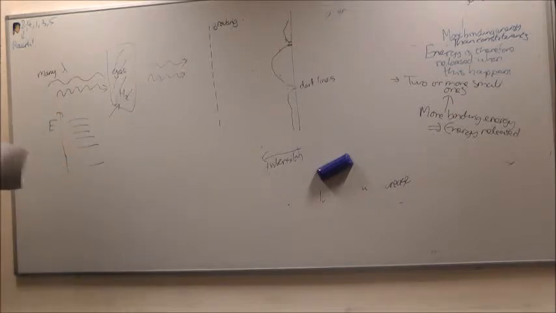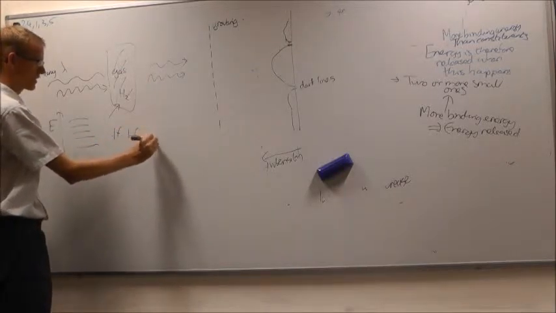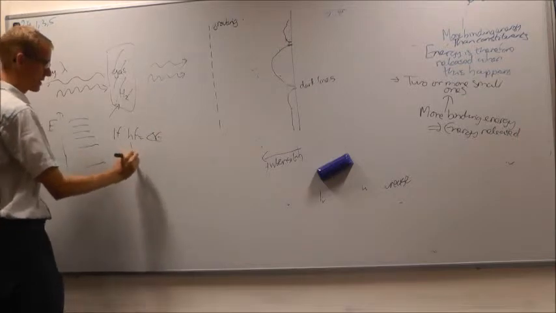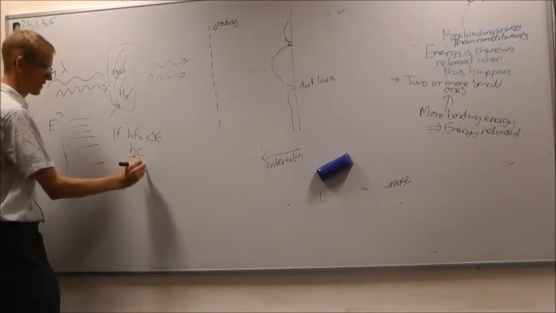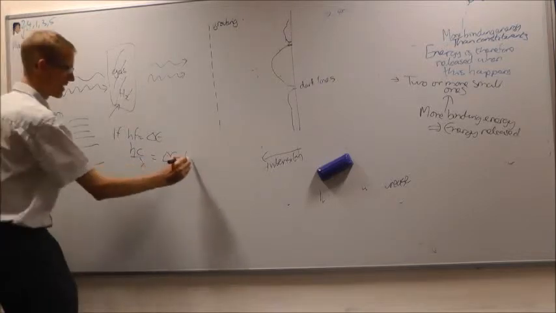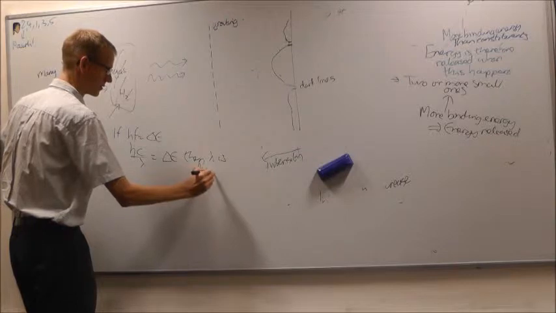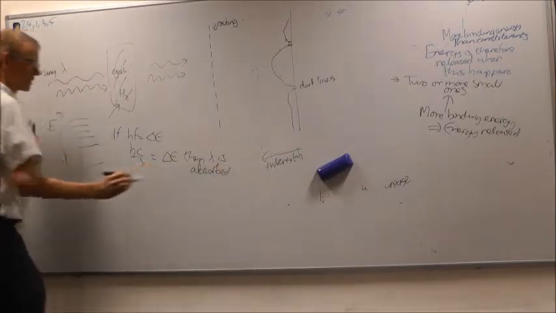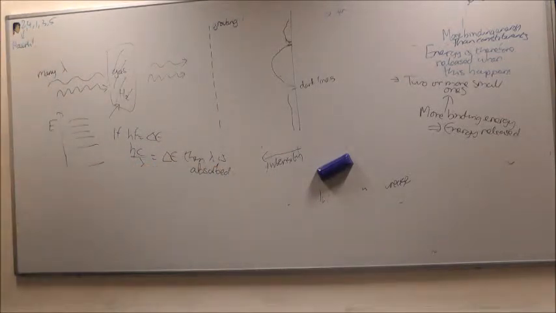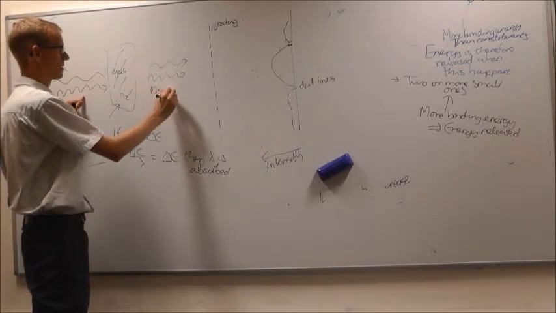If the lambdas are correct, so if hf equals delta E, that's h times frequency, velocity over wavelength, equals delta E, then that lambda is absorbed. So what's happening is that we're missing wavelengths out here.